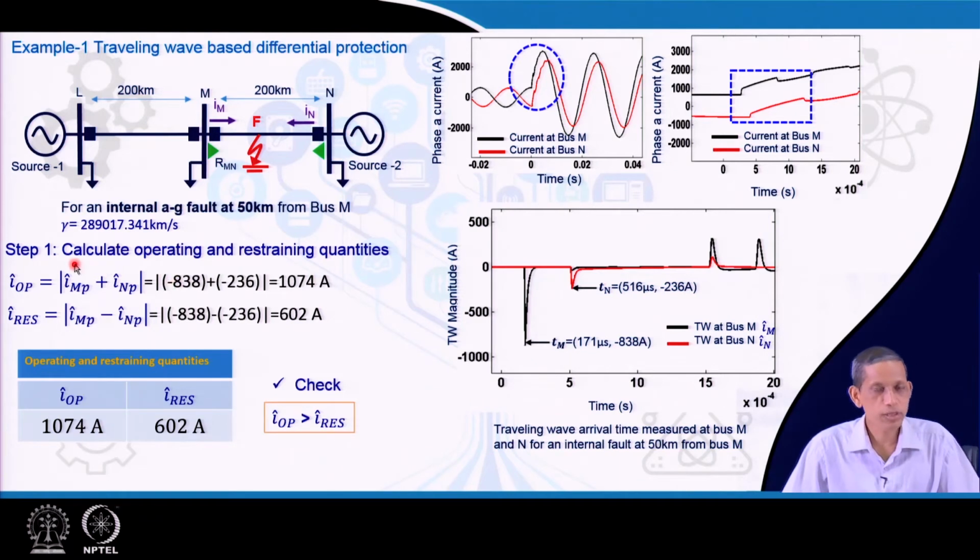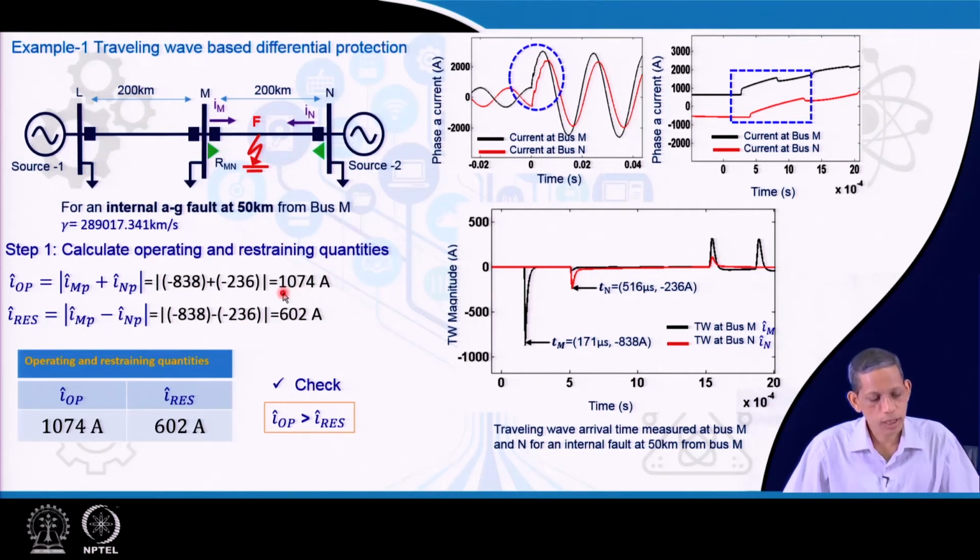As step 1 for the differential principle, the operating current is the addition of these two first peaks, minus 838 minus 236. The mod of this gives 1074, and the restraining one, I M P minus I N P, the travelling wave part, equals minus 838 minus of minus 236, which gives 602.